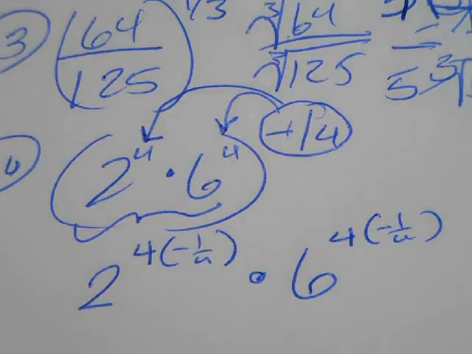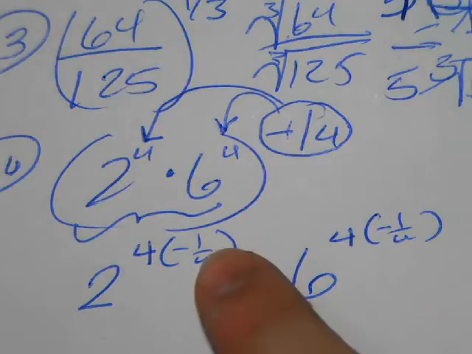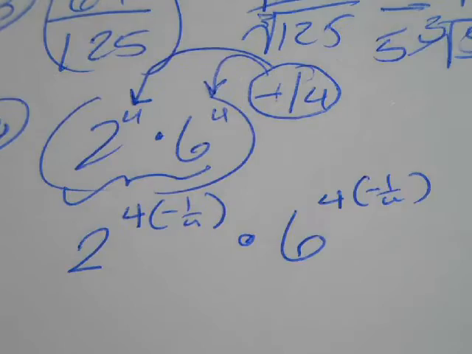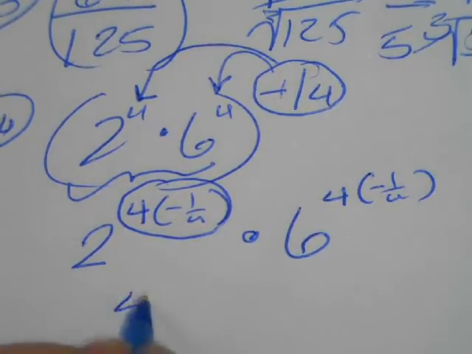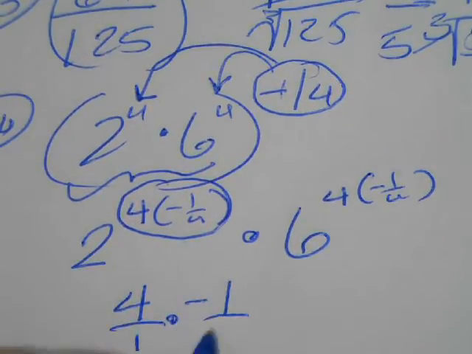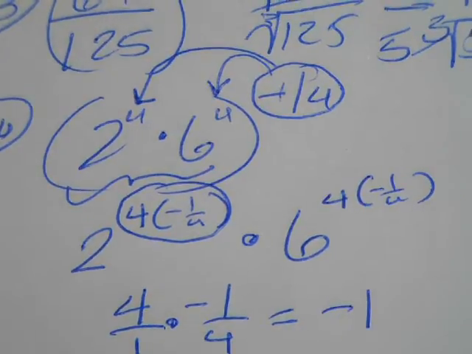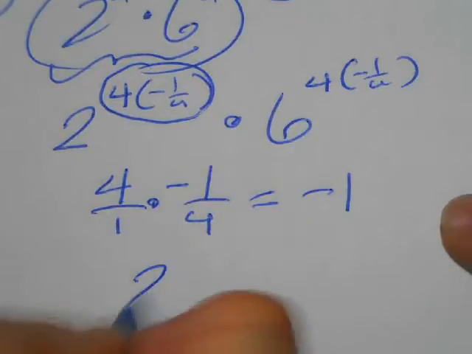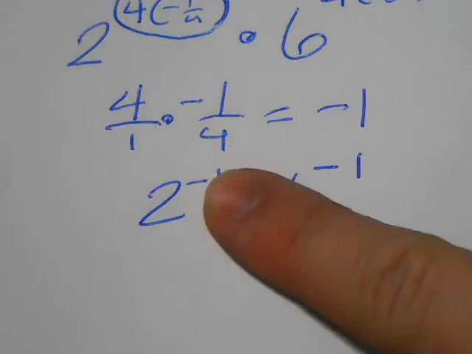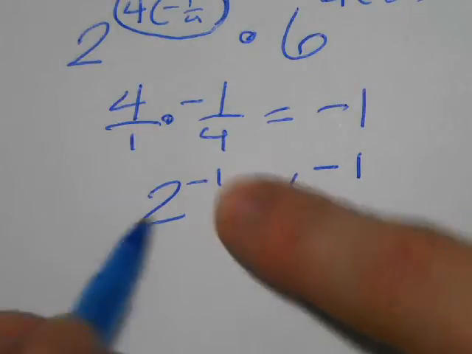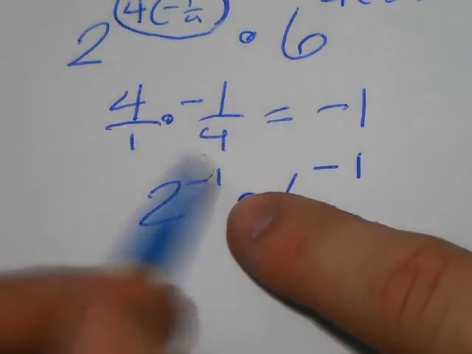And now from here, we can go ahead and simplify our exponents. We're going to multiply 4 over 1 times negative 1/4, which equals negative 1. So this is actually 2 to the negative 1 power times 6 to the negative 1 power. My exponents are negative, and to simplify this, I have to have positive exponents.